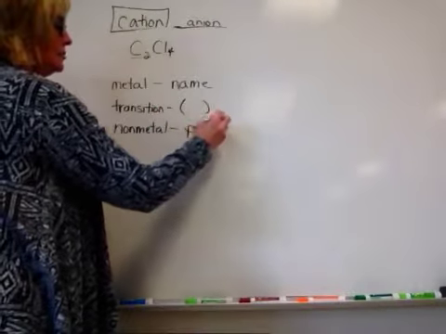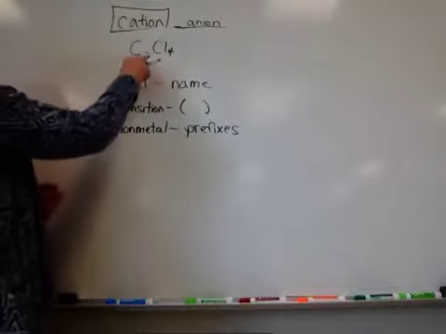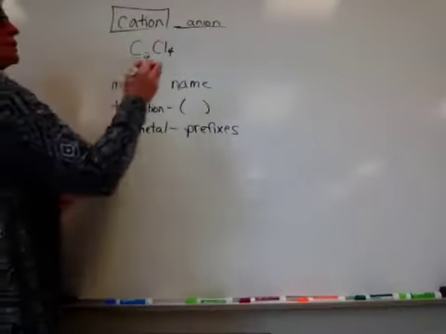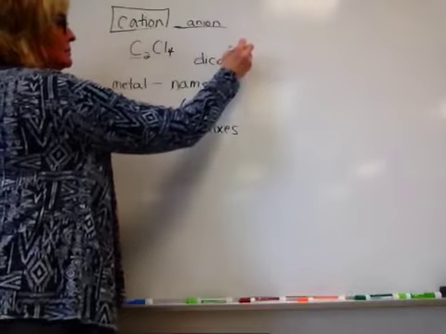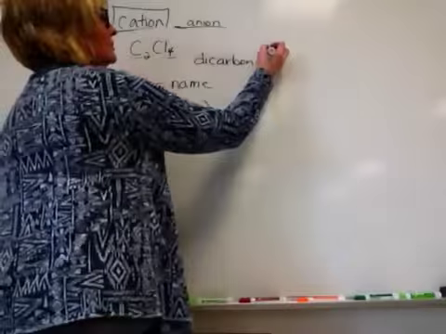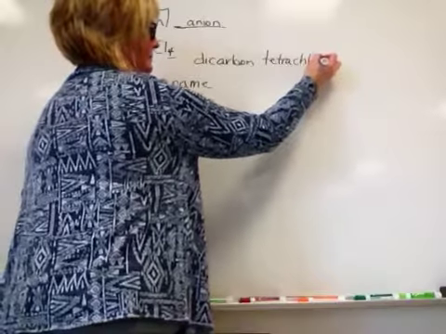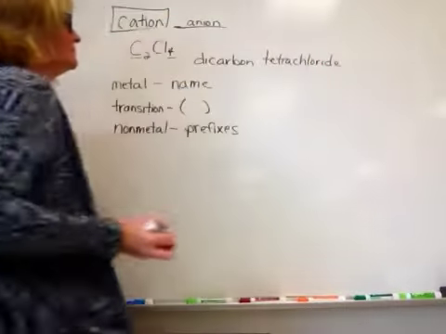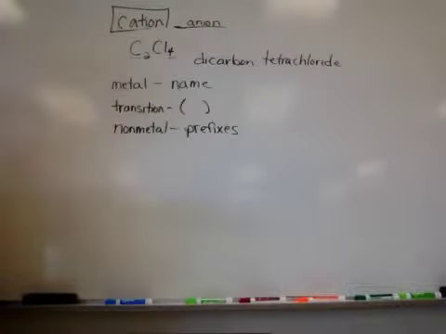I need prefixes. It's the only time I need prefixes. How many carbon? 2. What's 2? Di. So dicarbon. How many chloride? 4. So tetrachloride. So if it starts with a nonmetal, I follow that rule.